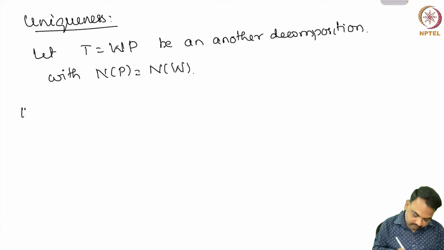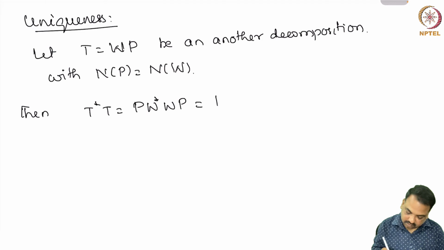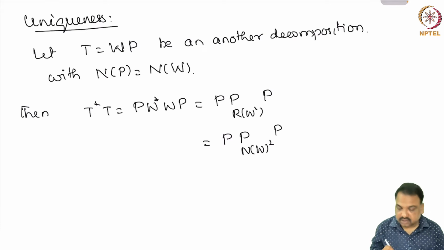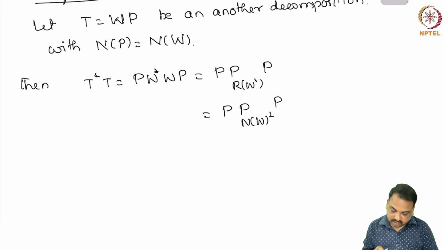So then if you look at T star T, this is P W star W P. This is nothing but P times projection onto range of W star, P. This is projection onto null space of W perp, because range of W star is null space of W perp, and P is a positive operator.